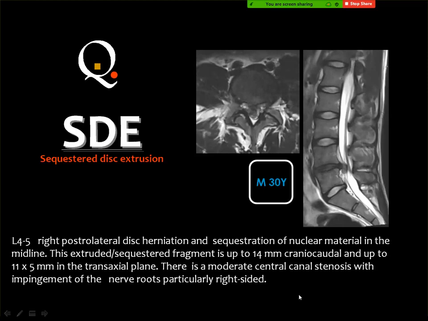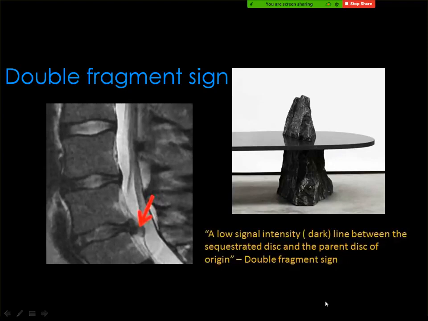And the frequency of a disk fragment like this compared to granulation tissue is very high for a sequestrated disk fragment, and they describe this by what's known as the double fragment sign.